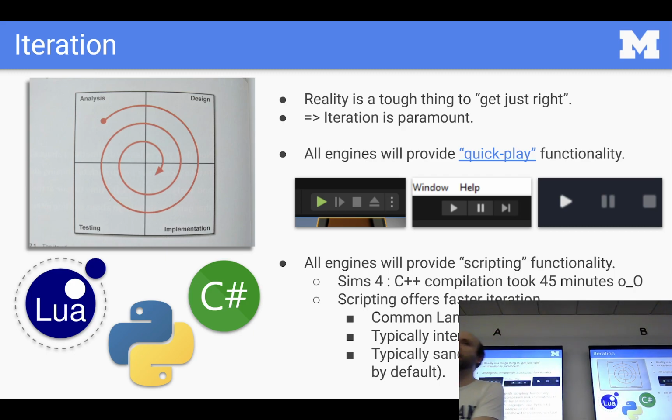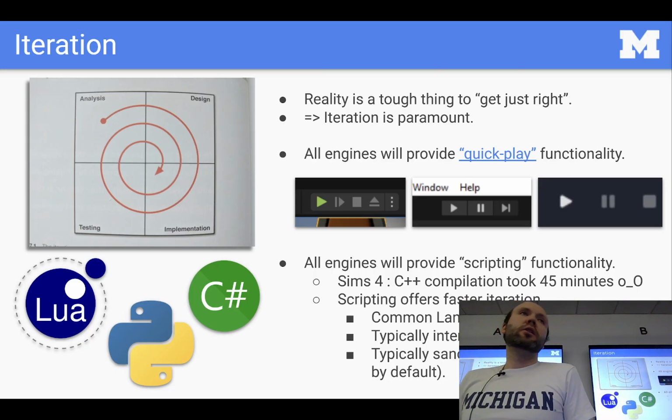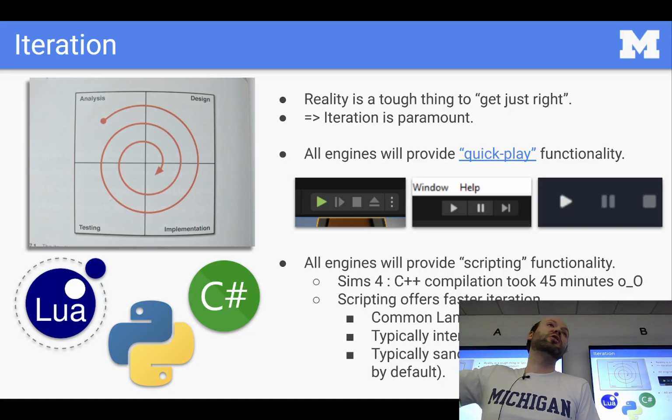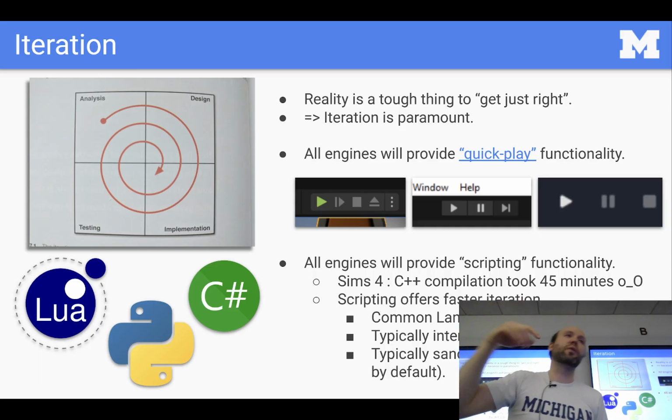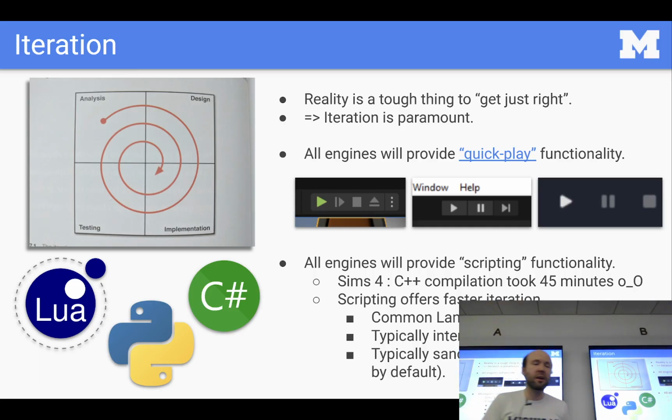Your operating system sandboxes and isolates and contains your various programs from each other so that a really poorly written program doesn't crash the entire computer or interfere with other programs that are running at the same time. Same thing here with a scripting language. A lot of content is going to be written by game designers, by people who don't quite know what they're doing, but sort of do.